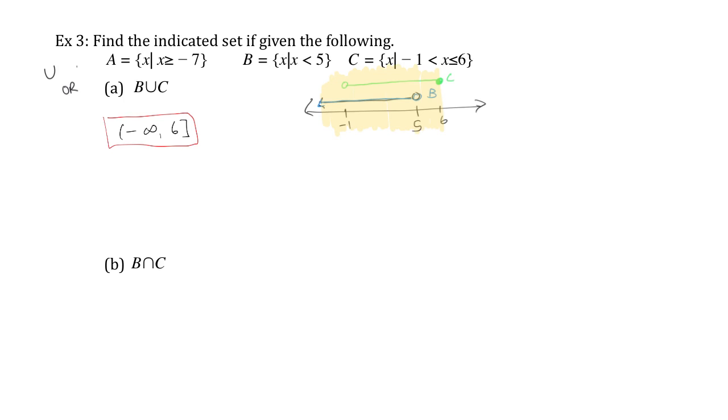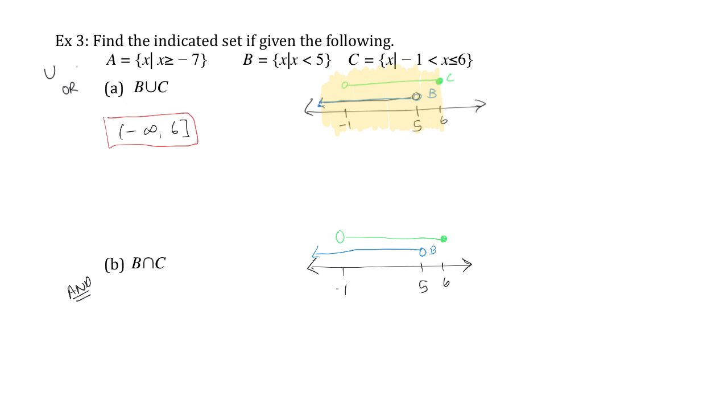This is an and. So it has to be basically double shaded. So it has to be both of them at the same time. So we're going from -1 to 6 for our C. Okay, and then our B was everything less than 5.